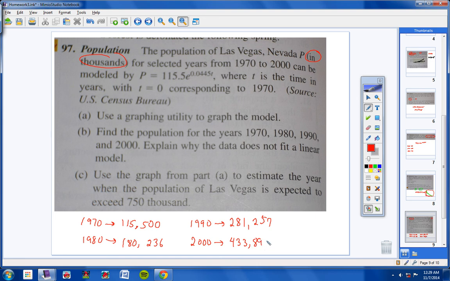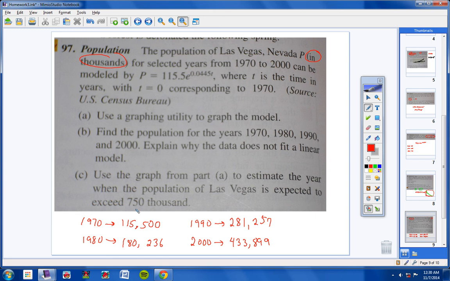Now, students, they want us to estimate when the population will exceed 750,000. So, with my graphing calculator, I'm going to start scrolling down, looking for when. I'm going to go to my table, and I'm going to start scrolling down past 30.